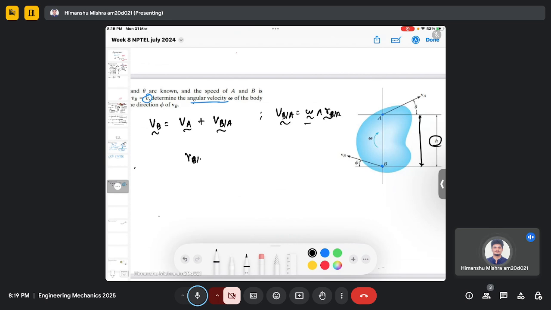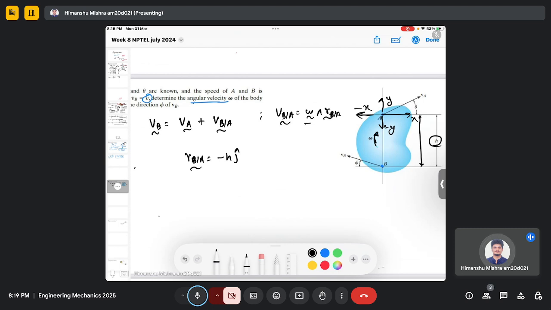So my displacement vector is given by minus h j. So this is x, this is y, this is minus y, this is minus x. So this is minus h in the j, in the y direction, whereas you can see the angular velocity is in the clockwise direction.